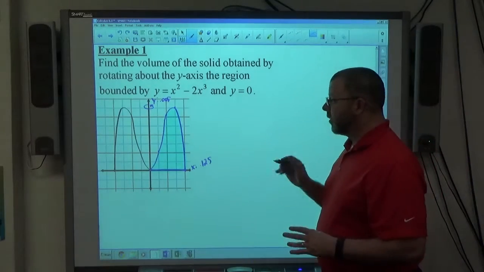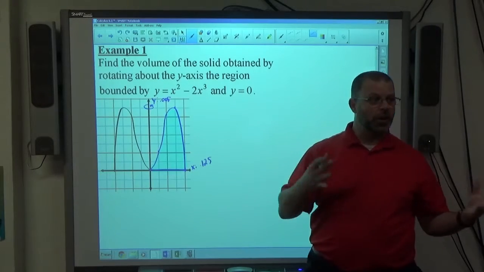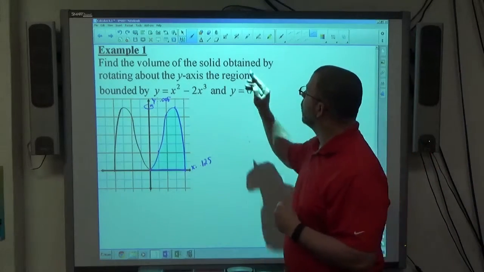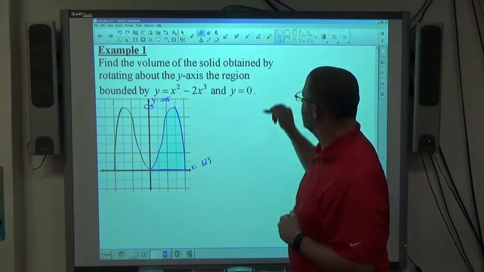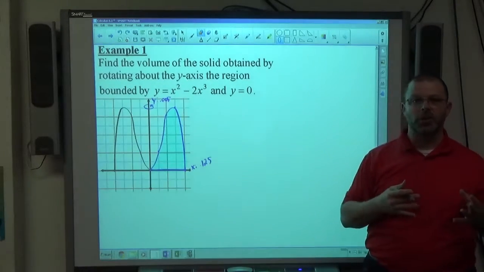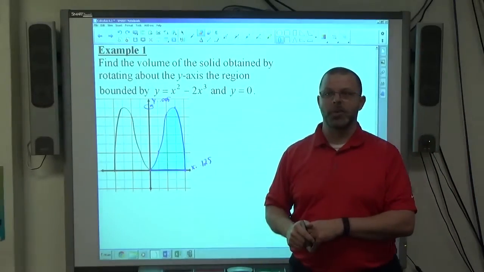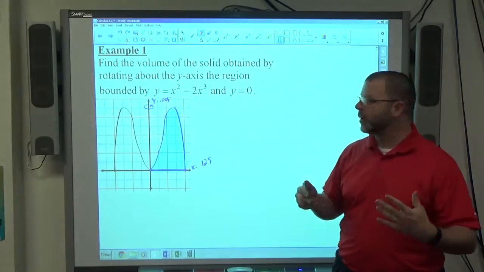Now, I'm making a decision: should I use the cylindrical shell method, or should I use the disc method? We're going to now have two methods to do this. Which one's a better one to use? Right now we're in chapter 6.3, so probably the cylindrical shell method is the better way right now. But there's a reason why.